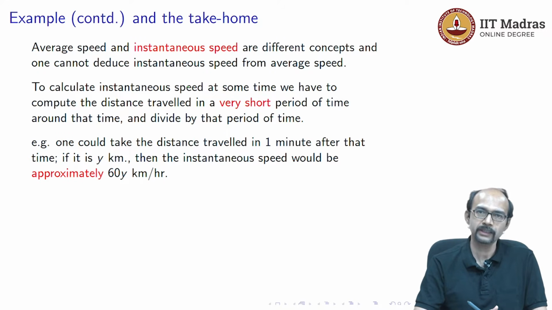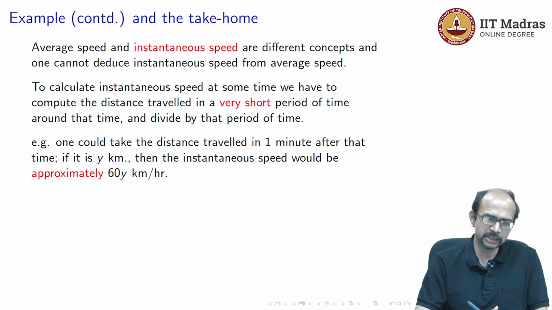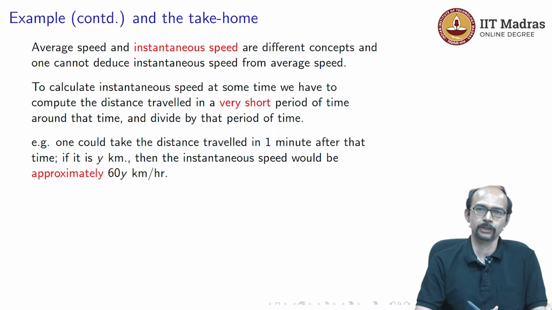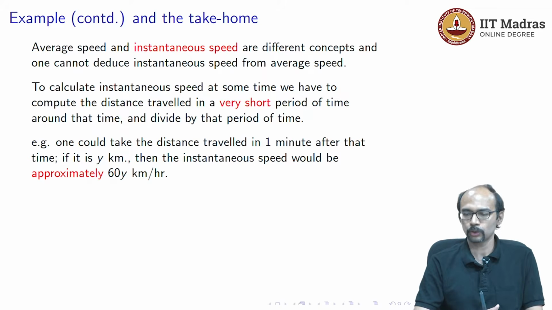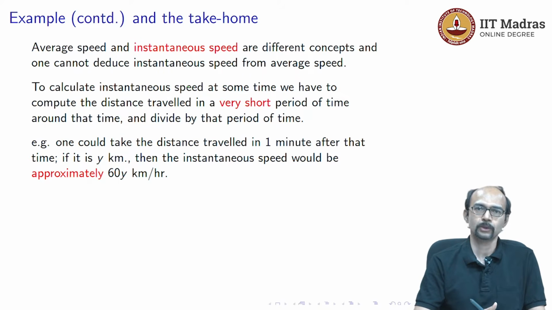Why approximately? Well, even this is not instantaneous, right. Within 1 minute the speed can vary so much. Maybe within 1 minute there was a series of speed breakers, or a mountain side started, or there was an accident and the driver slowed down, or they just stopped for chai, anything, right.